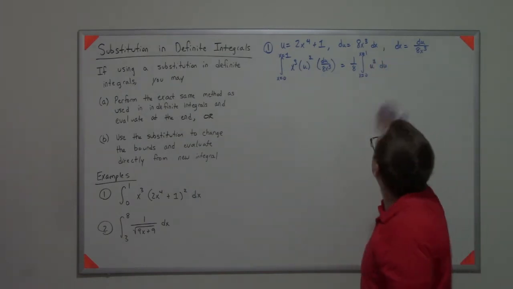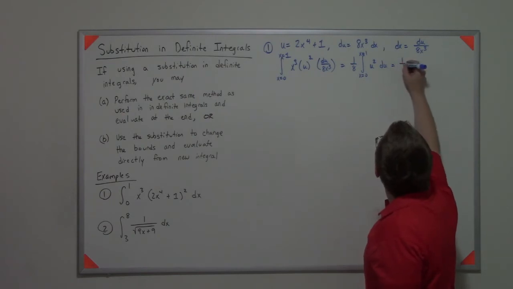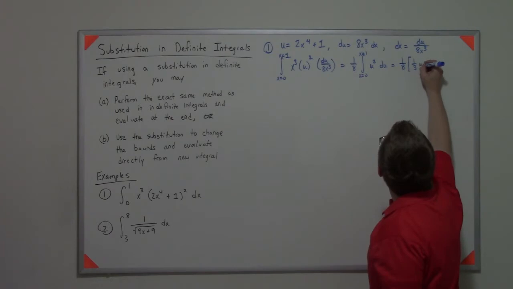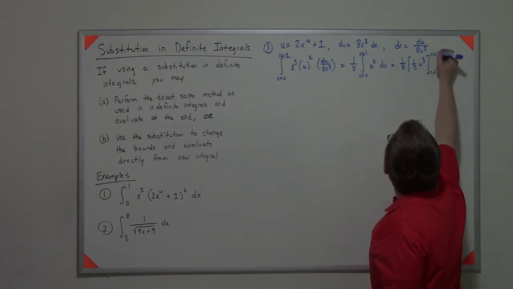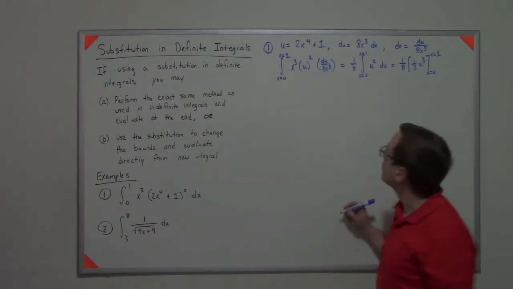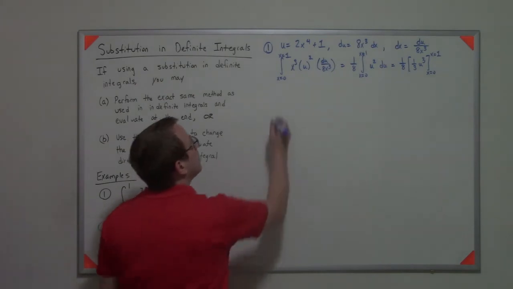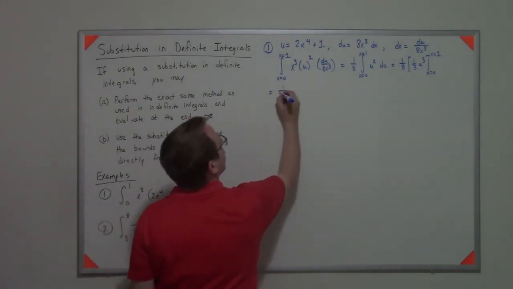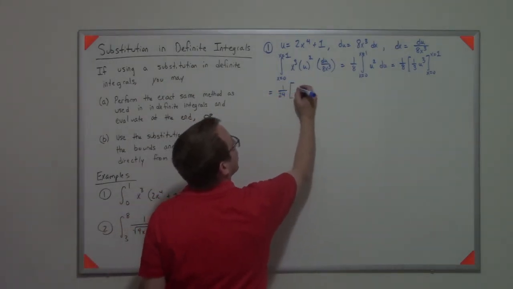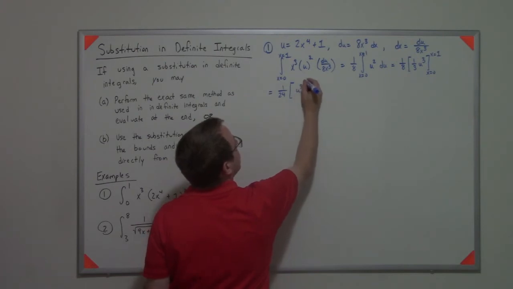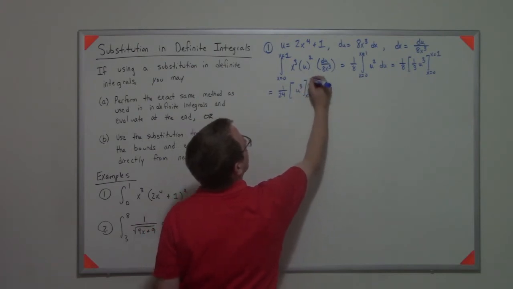which then I can say 1/8 times 1/3 u cubed from, again, x equals 0 to x equals 1. And then I can pull that 1/3 out, so to get 1/24 u cubed from x equals 0 to x equals 1.